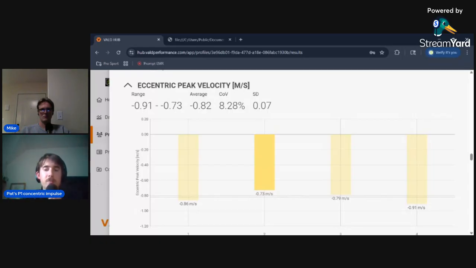Now, for the people who aren't watching, this person has an average of 0.82 meters per second, so they are not going fast enough. Their COV for this is 8.28%, so they're fairly consistent on this as well.